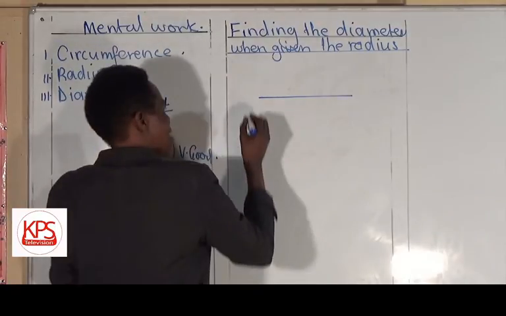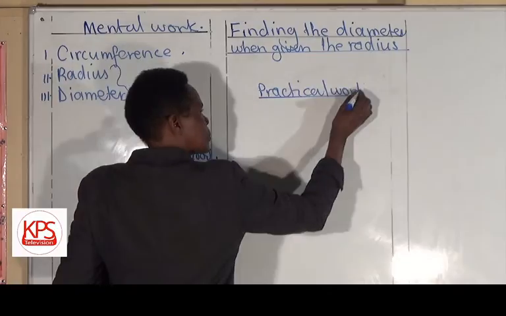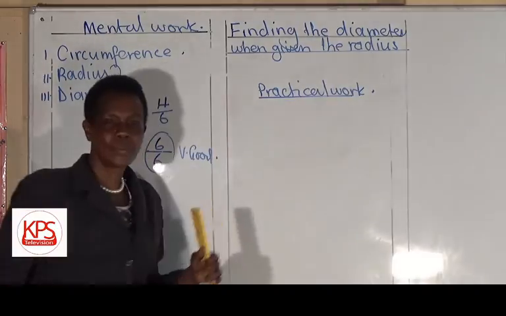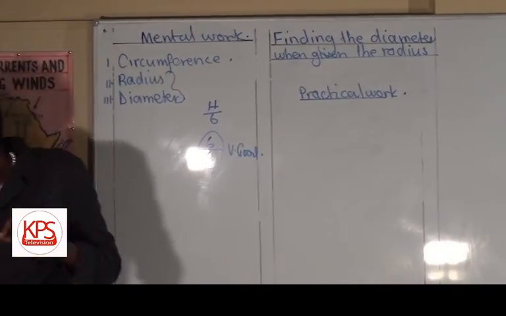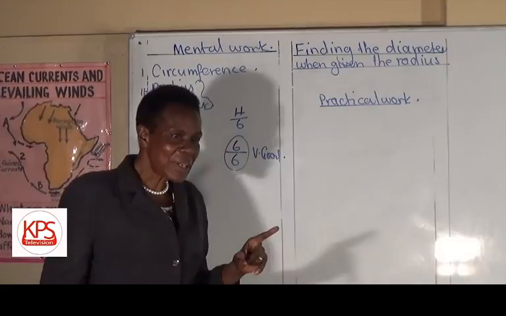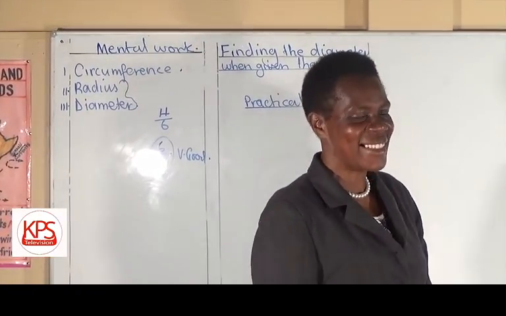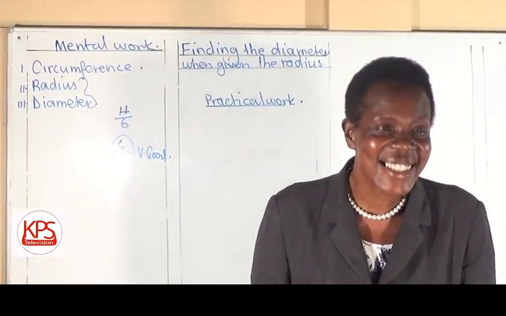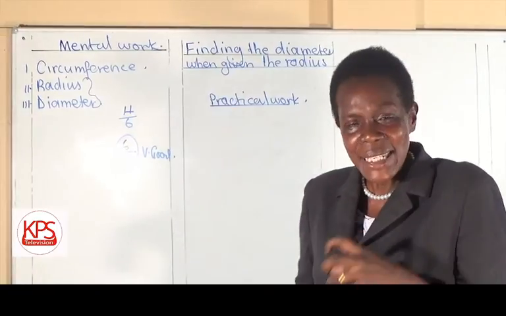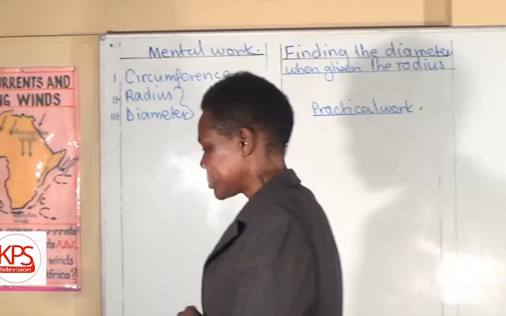So now we have practical work. Our practical work is going to be drawing a circle and measuring the diameter. Draw it using the given radius, and then to find the diameter, we are going to measure it direct.